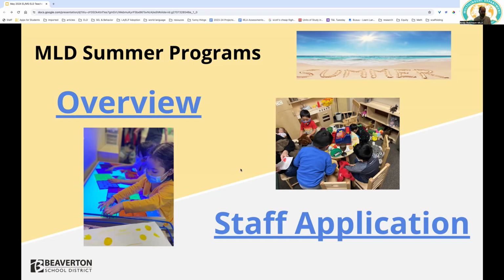But if you are involved in summer school, in particular in identifying which students to invite to your school's summer school program, of course, we want our English learners and our students in the migrant education program to be priorities, because summer is such an important opportunity for them to make up any missed targets and accelerate if possible.